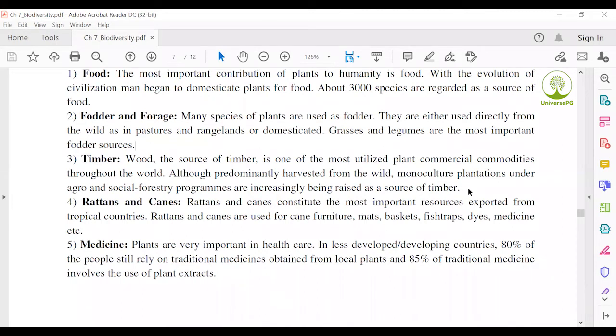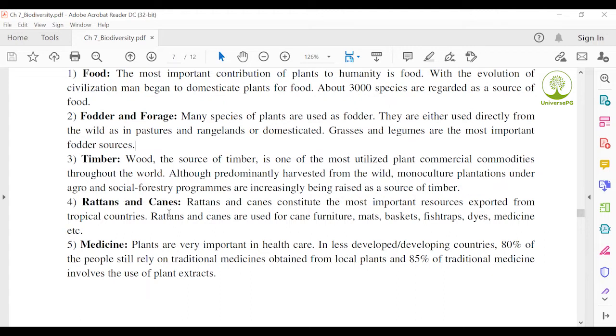Generally, we use wood for different purposes: making windows, different types of furniture, and also doors. And we also use it for the creation of different household components.